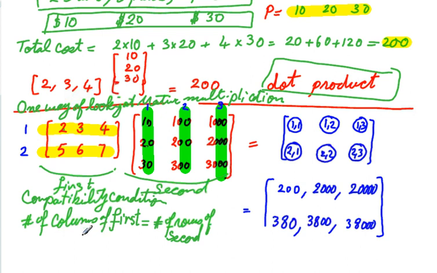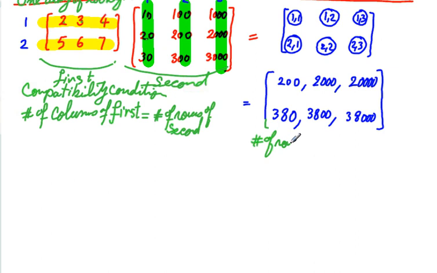Okay, once you have this compatibility condition, some matrix is going to be born out of this. The size of that is dictated by the size of what you started with. Can you tell me what is the size of the outcoming matrix? The number of rows of this is equal to what?